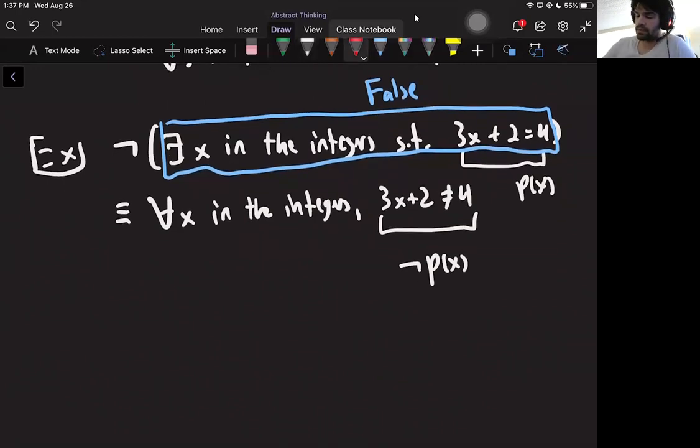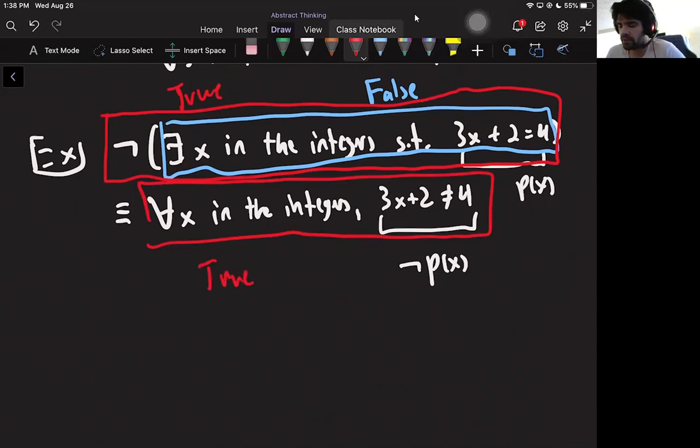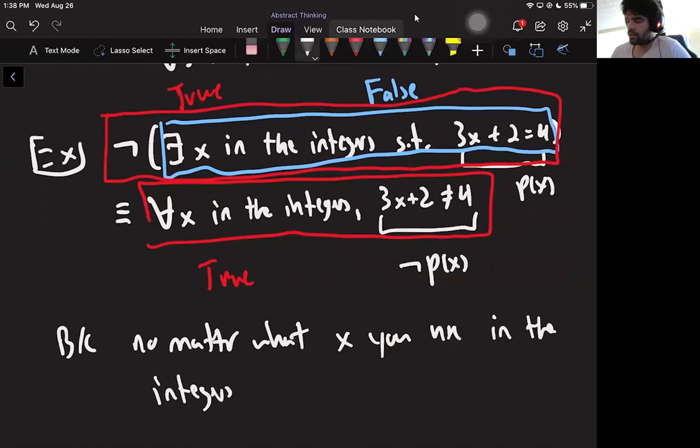So that means that this whole thing should be true, because this is what we turned it into. So let's think about if that is true. No matter what x you use from the integers, that equation will not ever equal 4.